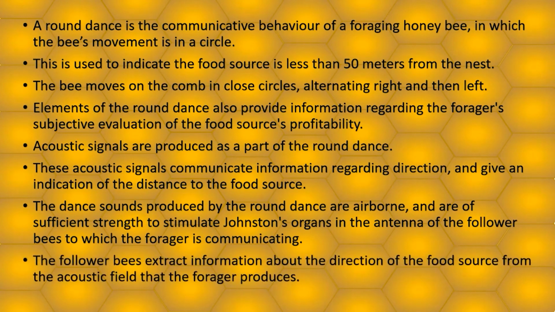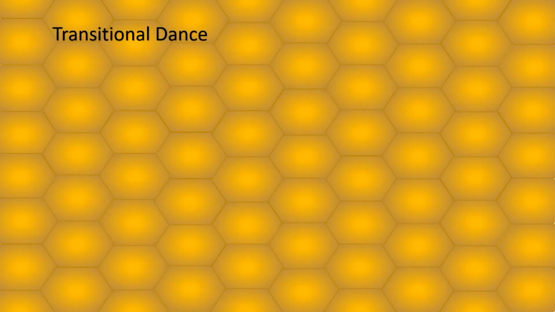The follower bees extract information about the direction of the food source from the acoustic field that the forager produces. Next is transitional dance.